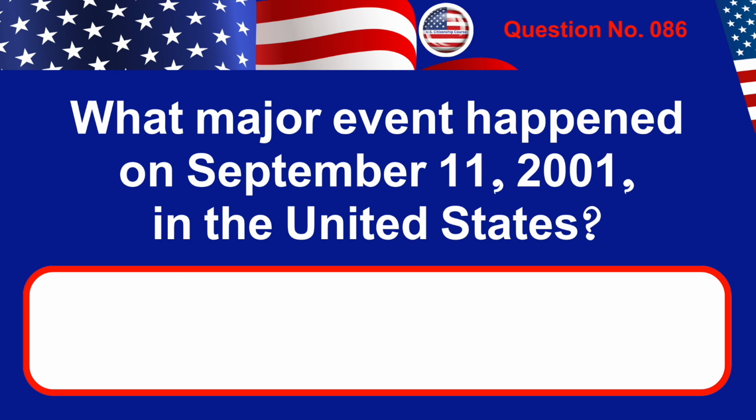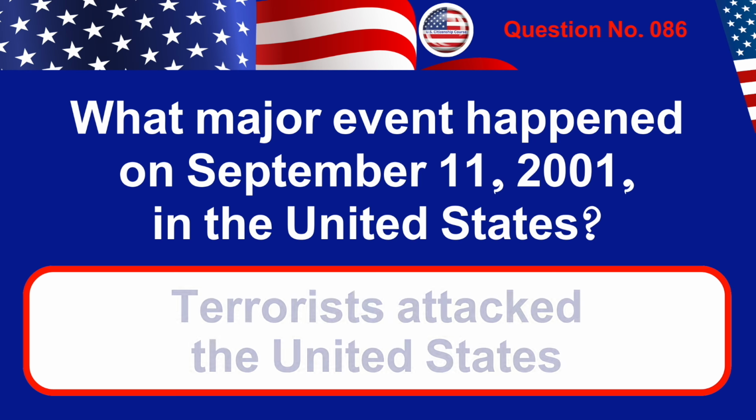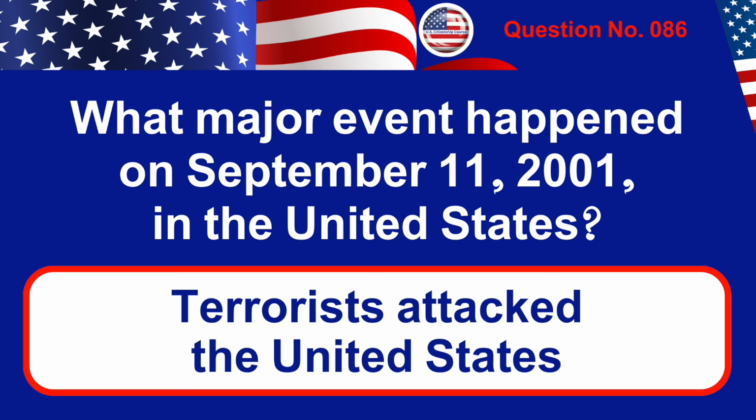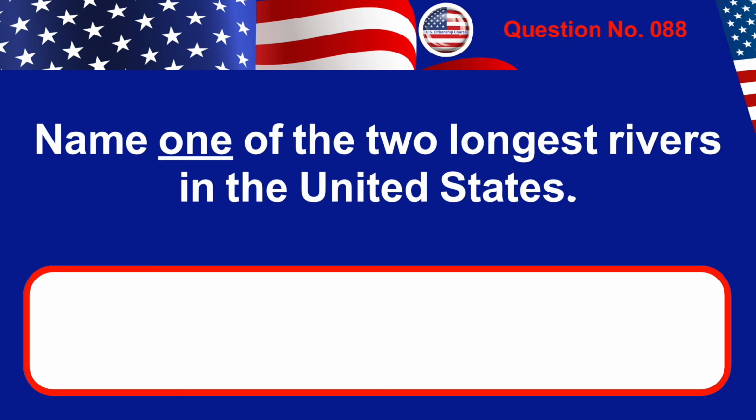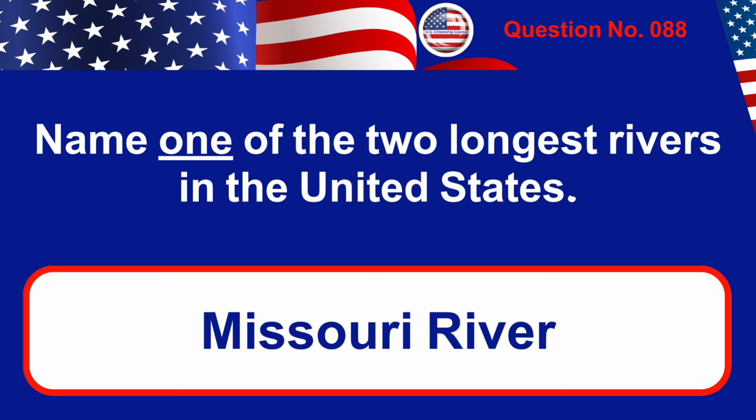What major event happened on September 11, 2001, in the United States? Terrorists attacked the United States. Name one of the two longest rivers in the United States. Missouri River.